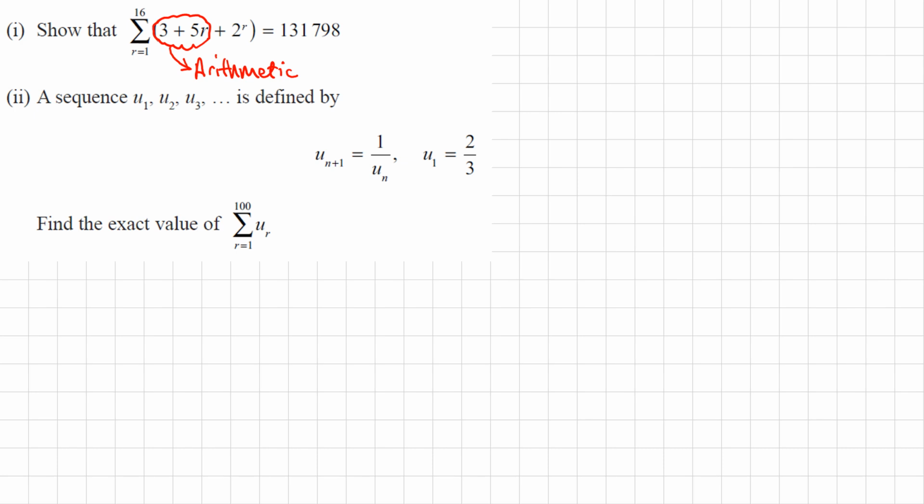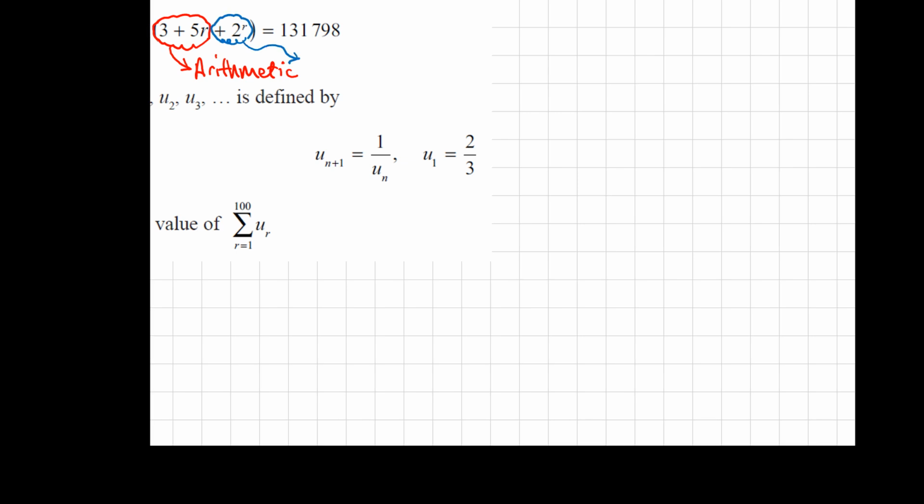When you see r as a power, then you should be thinking geometric. So I've actually got an arithmetic and geometric series here, so I want to add these separately. I'm not going to try and do them together because I've got two types of sequences going on.